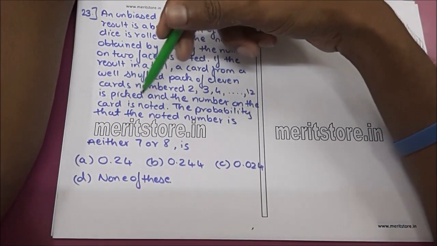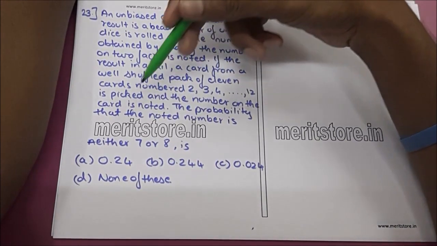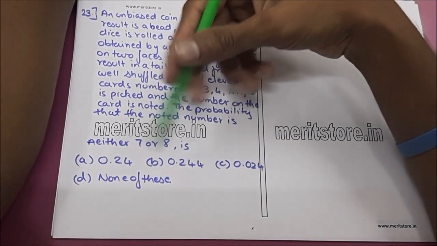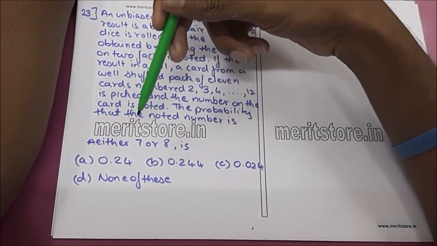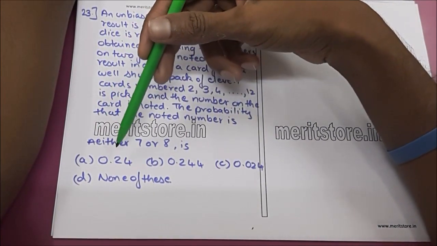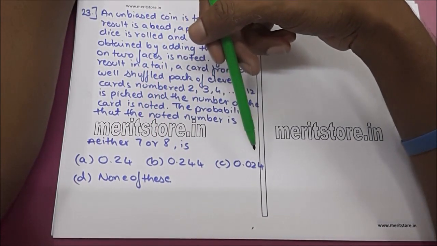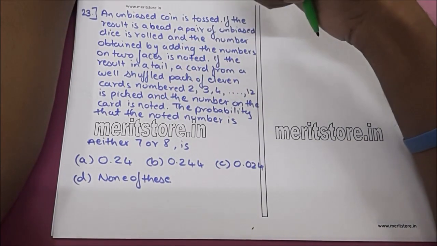The probability that the noted number is either 7 or 8 is, we have 4 options: A 0.24, B 0.244, C 0.024, and D none of these.